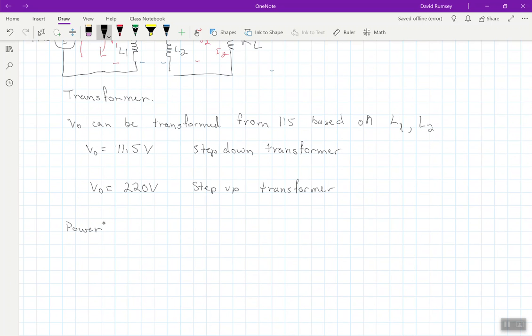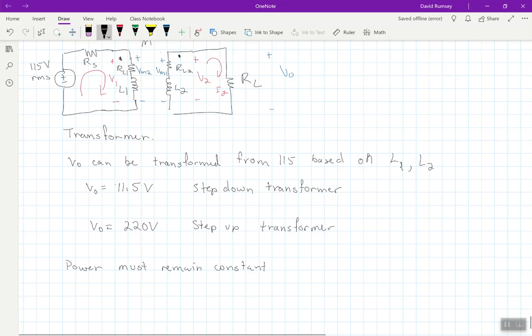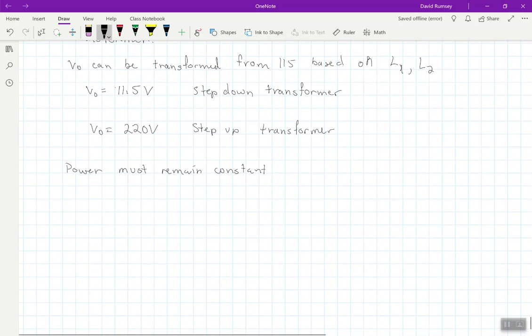Power must remain constant, ignoring losses due to air or whatever the material is that is being used to make the inductor. Often there's an iron core inside the transformer, which is why they can be pretty heavy. But power must remain constant here.